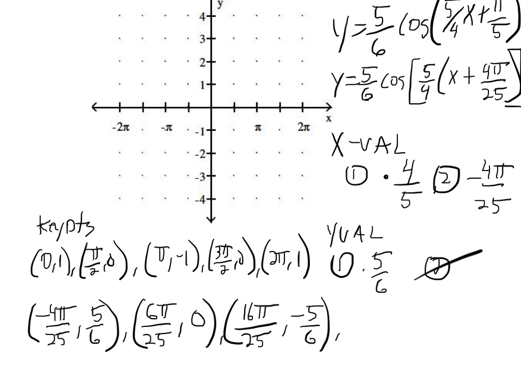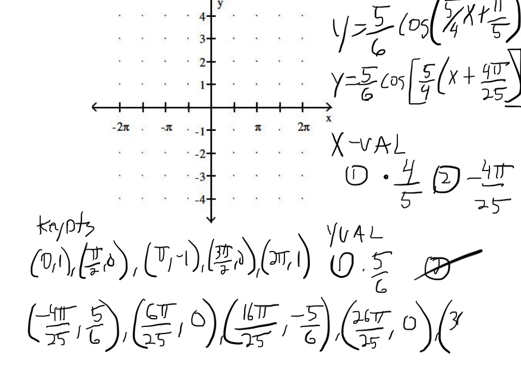Before long, you'll start to notice the pattern. Notice -4 pi 25ths going to 6 pi 25ths going to 16 pi 25ths. Add 10. Add 10. Add 10. The next one will be 26 pi 25ths. And then 0.